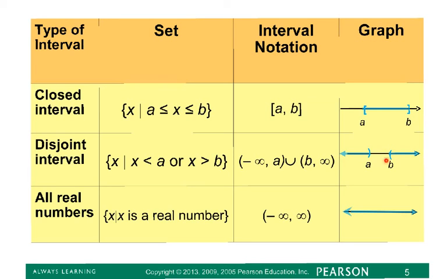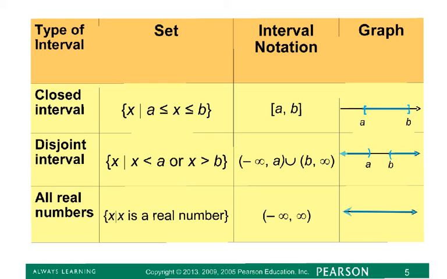There's nothing in between here. So how you would write that is just like this. All values less than a, so negative infinity to a. And then you say this symbol right here is a union. And then you start back up with your value of b and it goes on to infinity. That's what that states there.